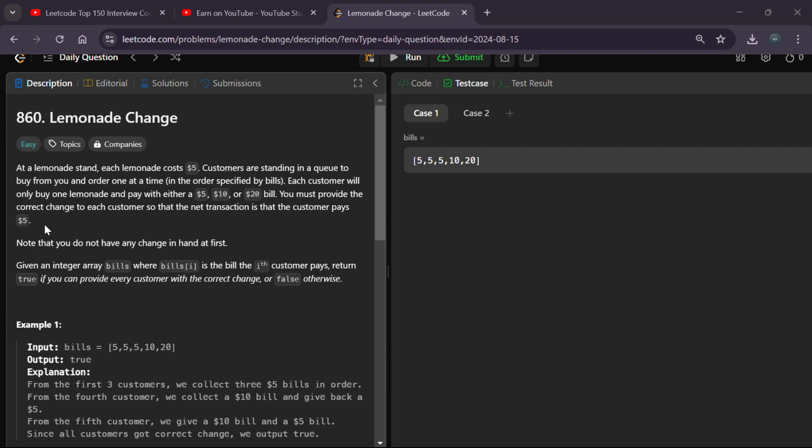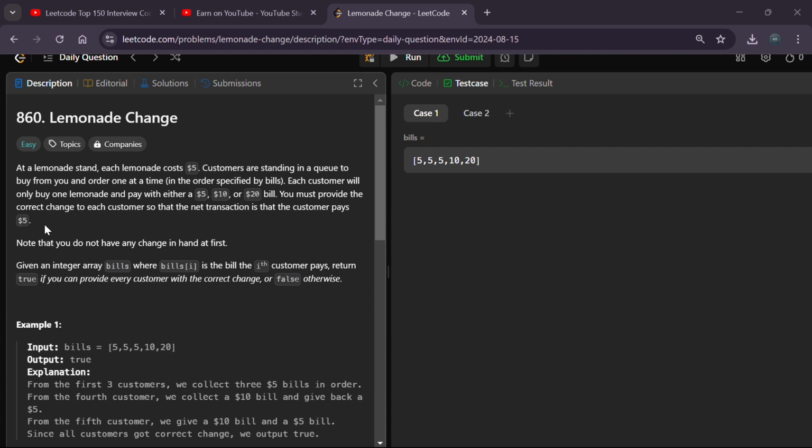And customers are standing in a queue to buy from you, in order, one at a time. So you have a lemonade stand and you are selling each lemonade for $5. There is a line of customers standing in a queue and they will buy the lemonade at $5, right?